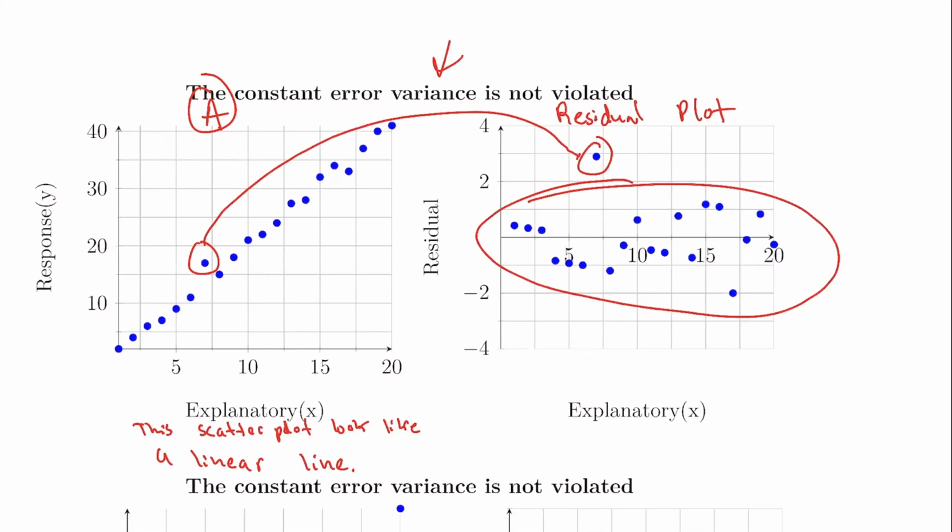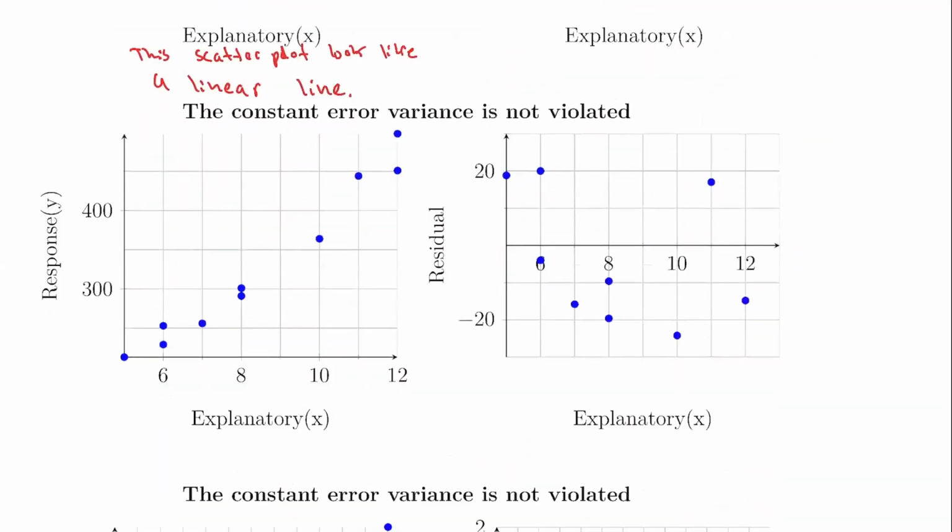All right, let's do this third example. What about this scatter plot? Does this scatter plot look like a linear line?